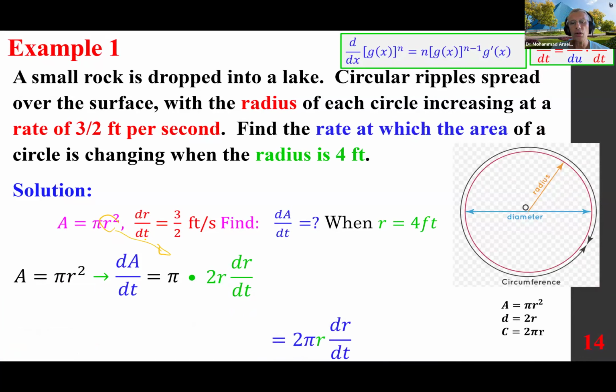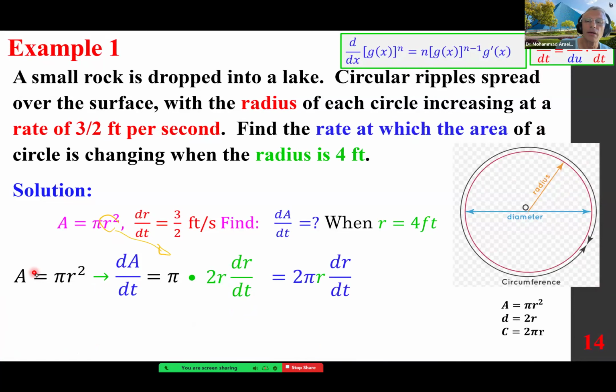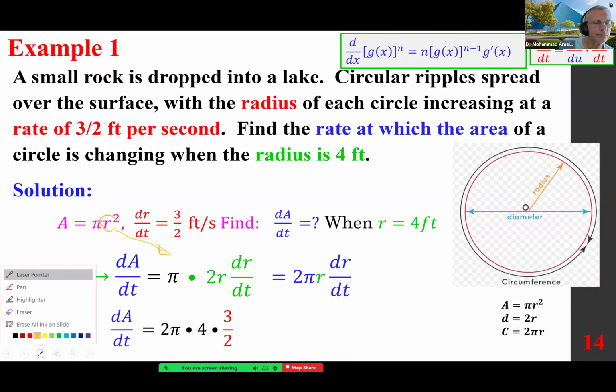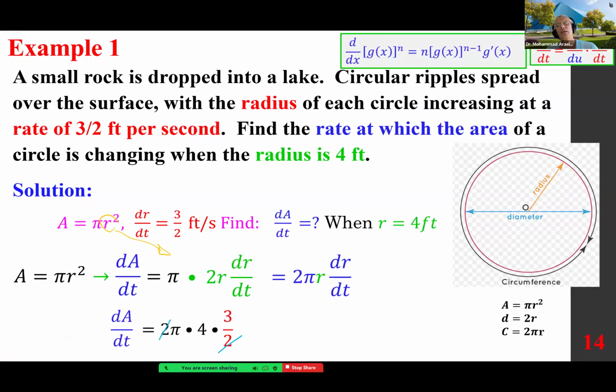So 2 pi r dr dt, I'm going to replace the r with 4 and dr dt with 3/2. We get 12 pi square feet per second.